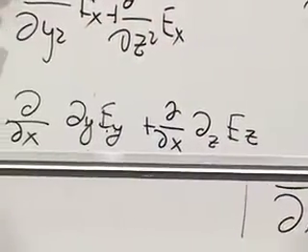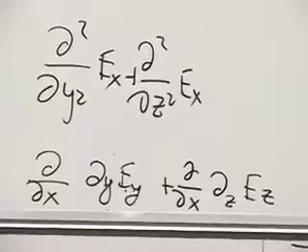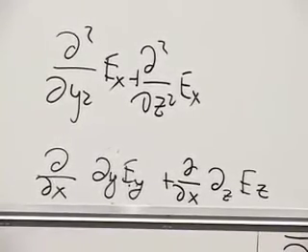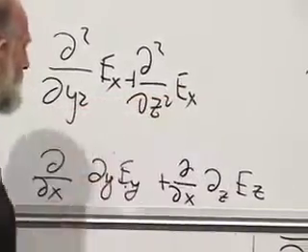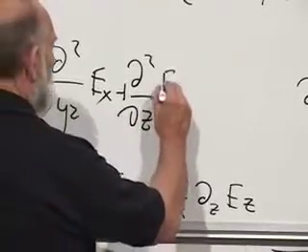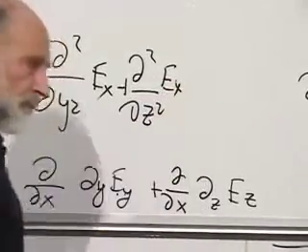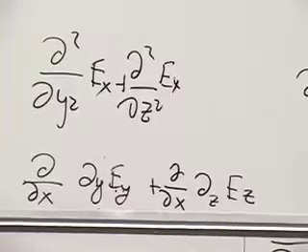Neither one of these, the top one or the bottom one, looks very elegant. But if I add a term to the top and subtract the same term from the bottom, the whole thing will have a nice form.